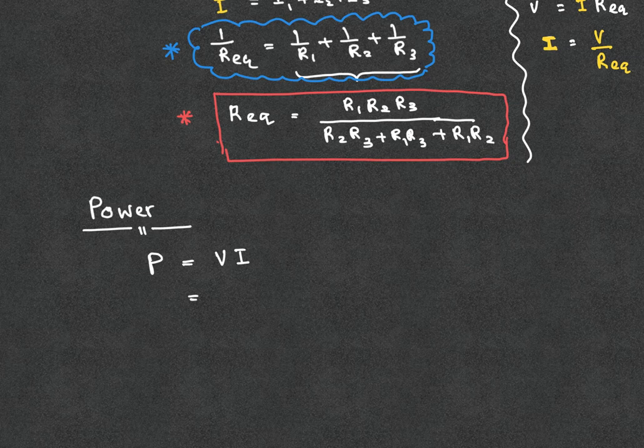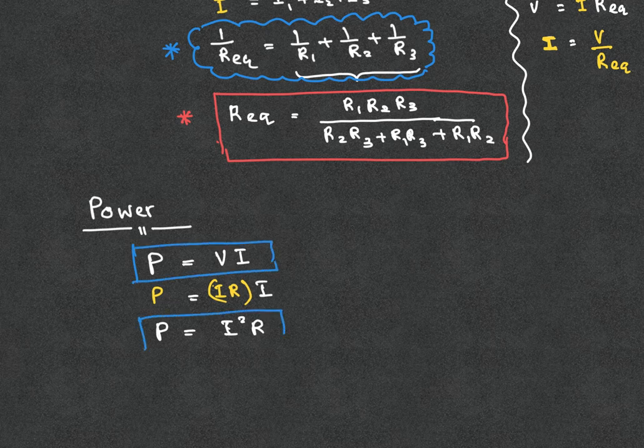And when you use Ohm's law and substitute for V by IR, then you have the equation in this form. So you have P equals I square R. So the first one is this, and this is just a derivation of that.